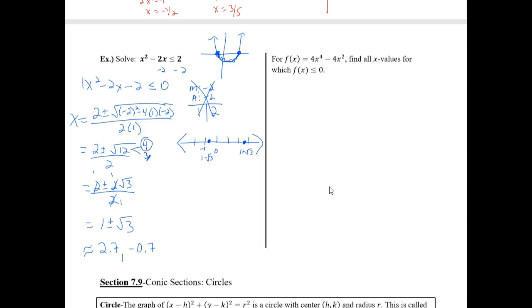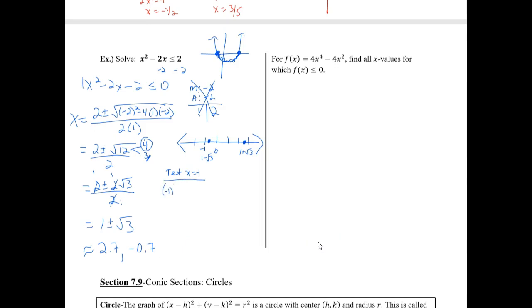And now I'm going to test each region. So I'm going to go ahead and test x equals negative 1, since that is further left on my number line than negative 0.7. I'm going to plug it into my original to test it.